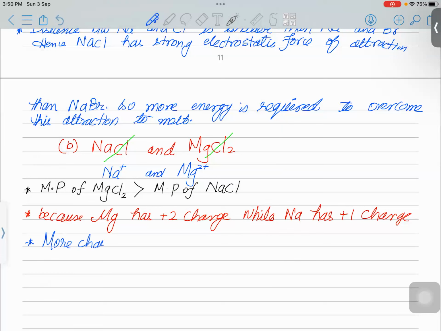More charge, more nuclear attraction, or you can say more electrostatic force of attraction. More charge, more electrostatic force of attraction.